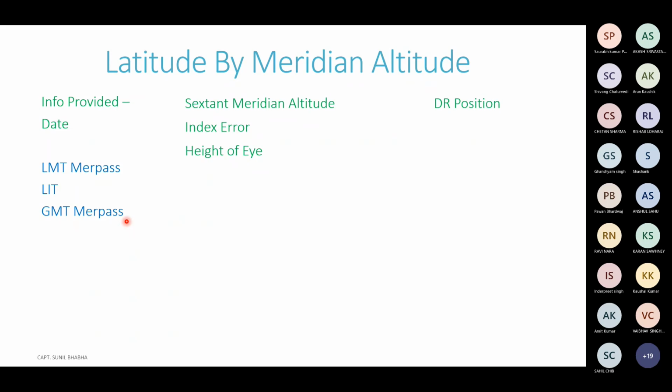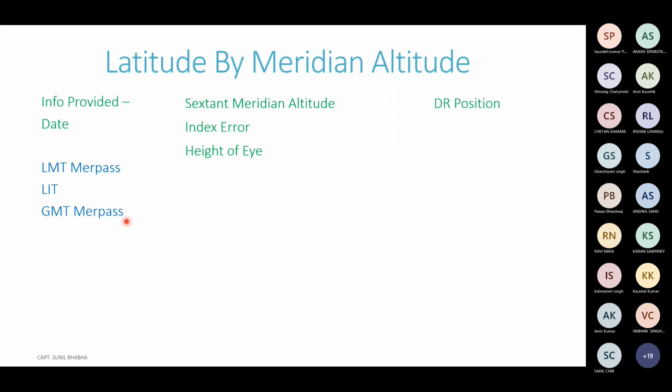This is because the declination of the stars does not change on a daily basis. It remains constant. So we need this time to calculate the declination of the body. So in case of stars, the declination does not change. It remains the same throughout the day. So the declination can be picked up straight away without bothering about the time of observation.